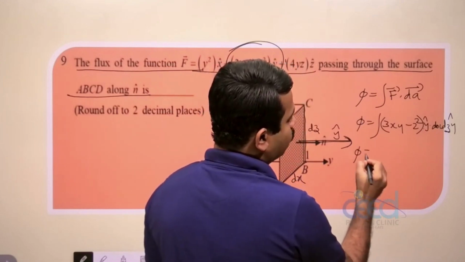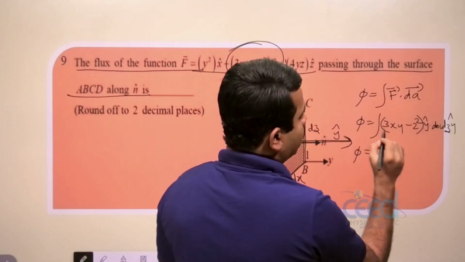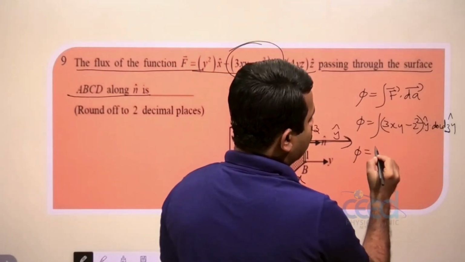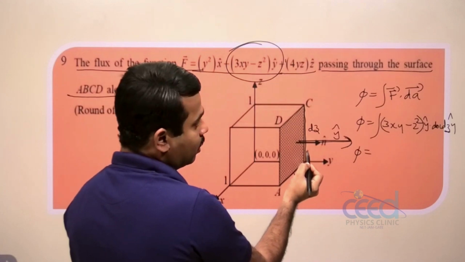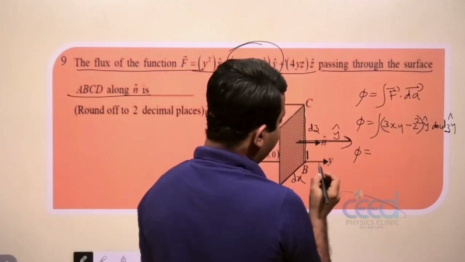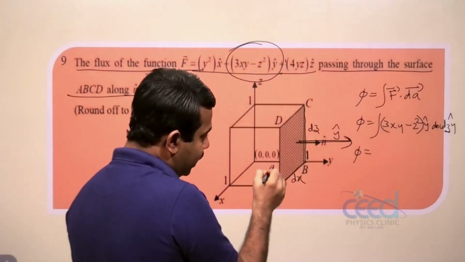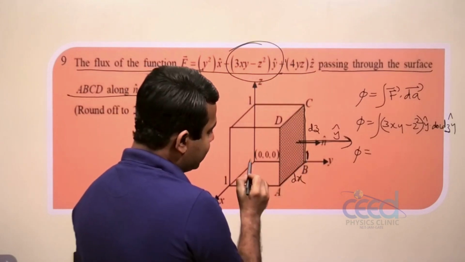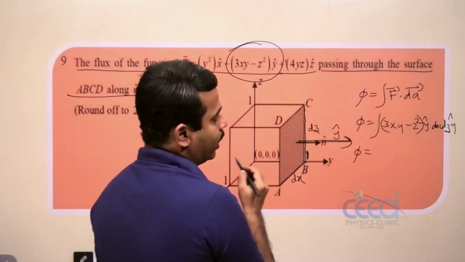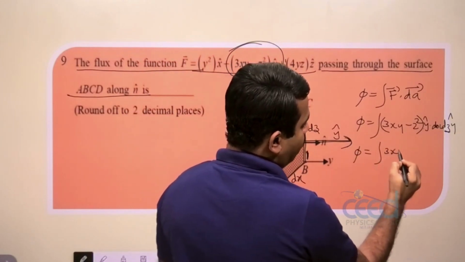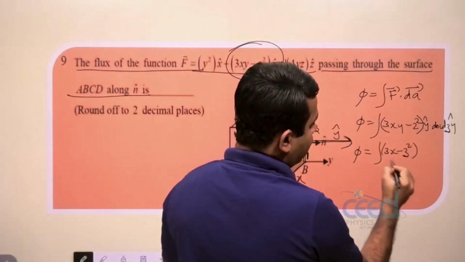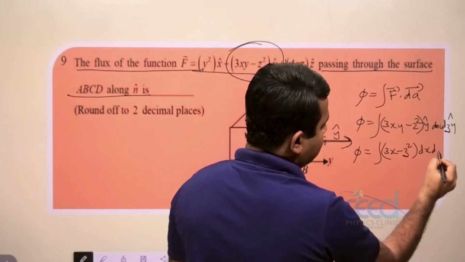Then flux is equal to, first you integrate with respect to x. Now note that y is equal to 1. This y you can take as 1. Why? Because this particular area is situated at y equal to 1. So integral of (3x minus z²) dx dz.